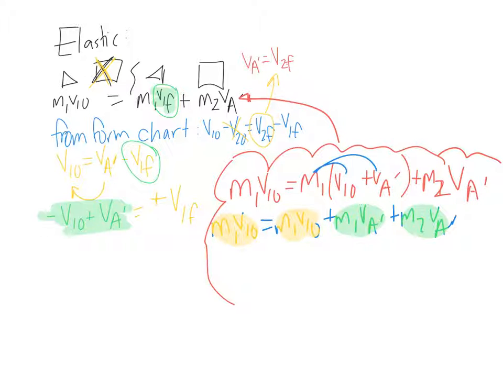Oops, I messed up here. So this was actually negative V1, which means this is a negative. So subtracting by a negative is going to actually make it a positive. So now I have 2 times M1 V1 initial.